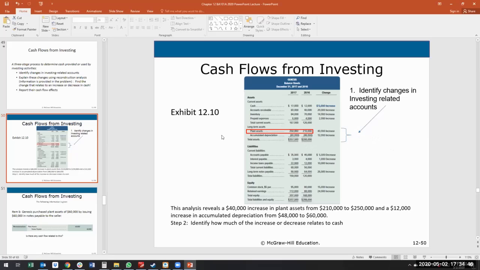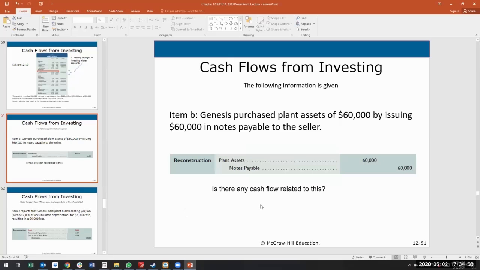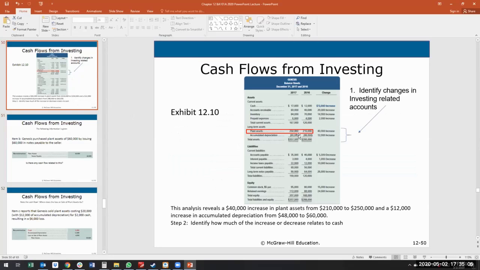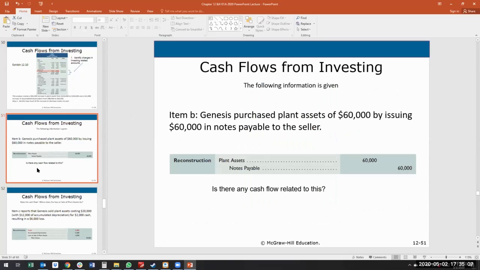The analysis revealed the $40,000 increase in plant assets and a $12,000 increase in accumulated depreciation. And then let's identify how that relates to cash. So we'll dig into the underlying journal entries here, and we realize that $60,000 of the plant assets were purchased with notes.